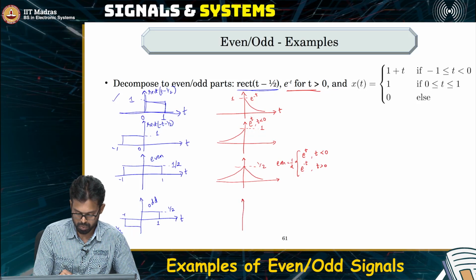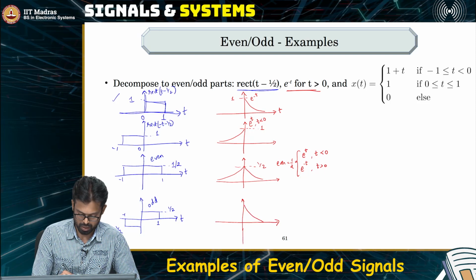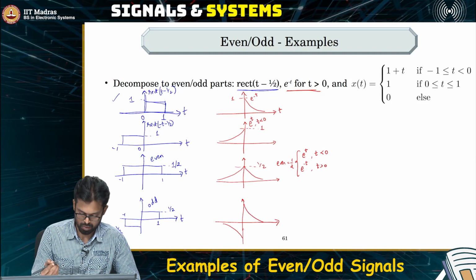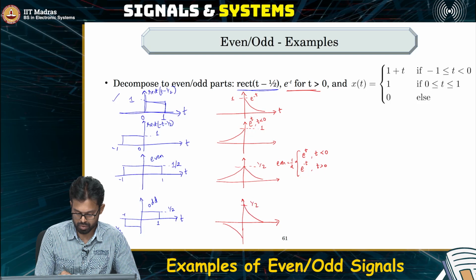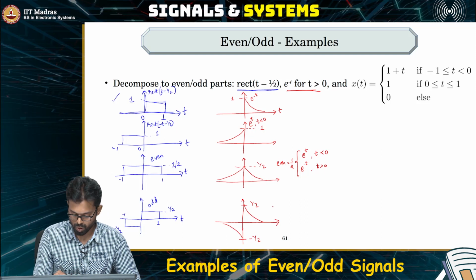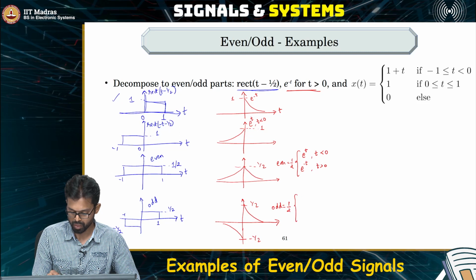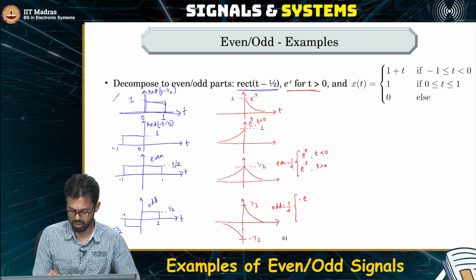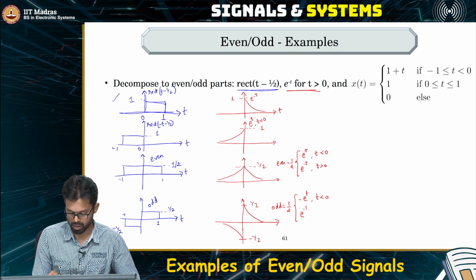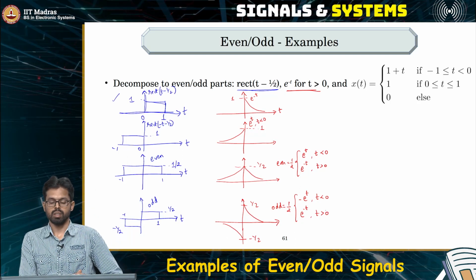When you want to plot the odd part, it is as simple as that. So there you have half, here you have minus half. So this is the odd part, which is half of minus e power t when t is less than 0, and then plus e power minus t when t is greater than 0. Okay, that's it, as simple as that.